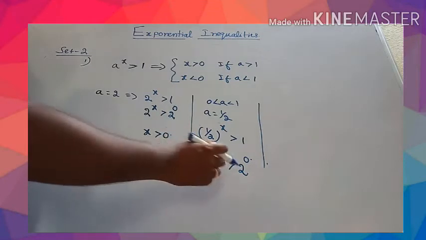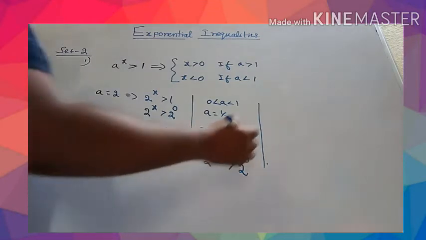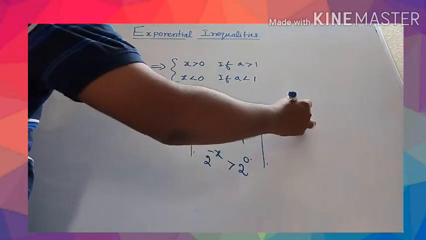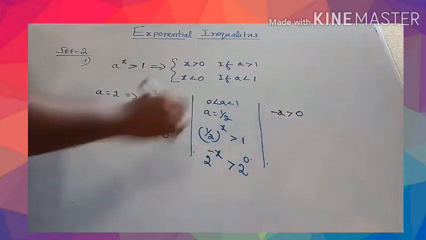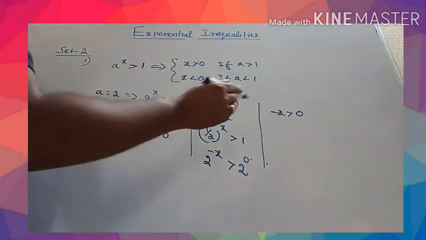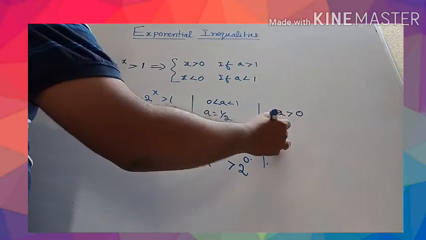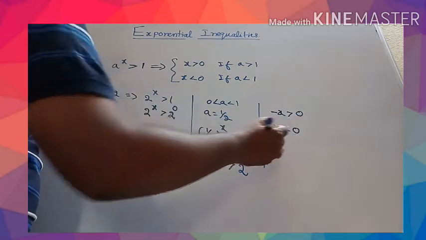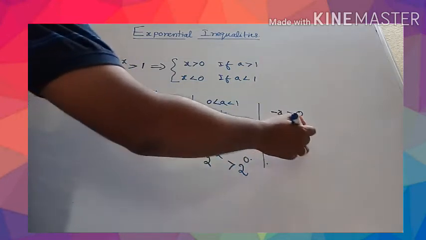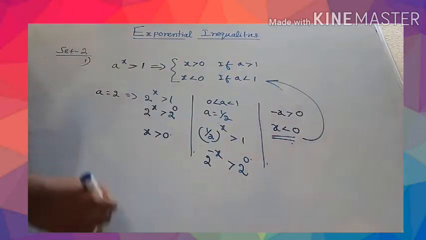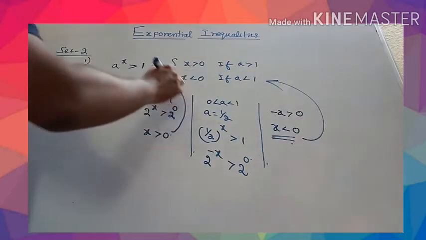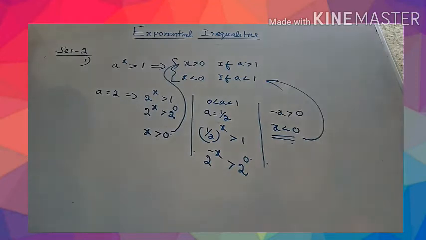The base 2 is the same, so we have -x greater than 0. Now multiply by the minus sign on both sides, then x is less than 0. By this we have got this result under set 2, the first one.